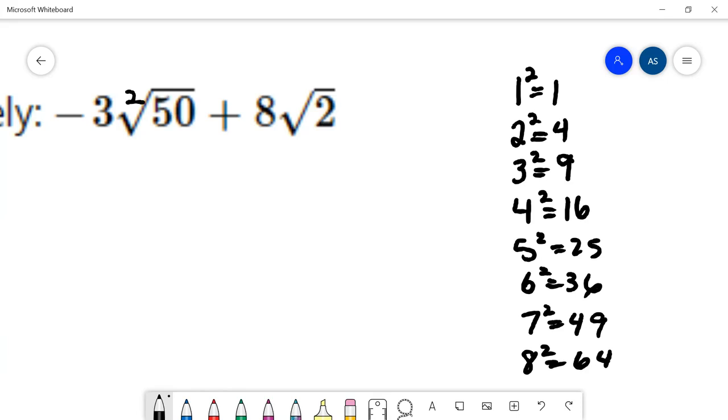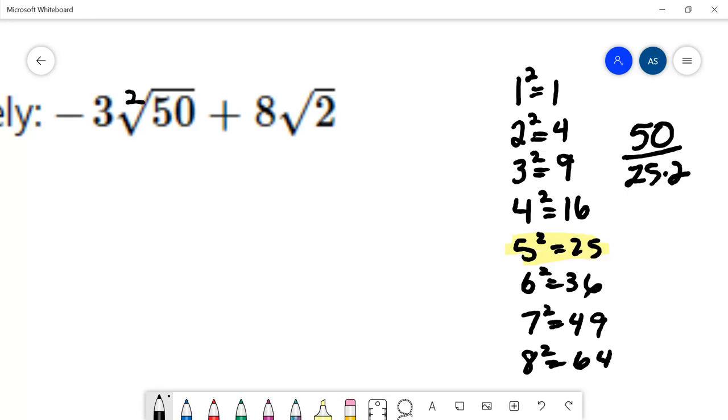So you can see that 50 is not a perfect square. So we want to try to factor 50 into a perfect square and some other number. So I know that 25 goes into 50. So I'm going to write 50 as 25 times 2.